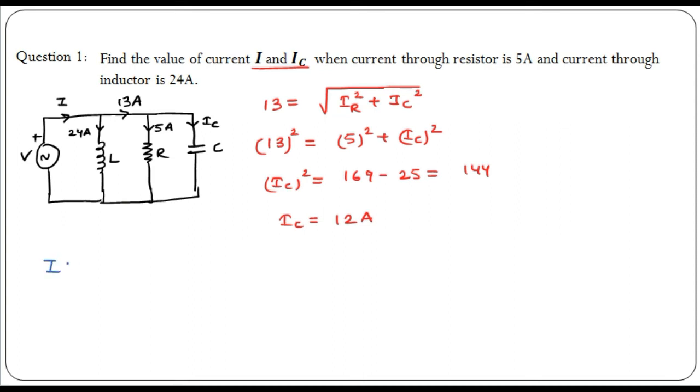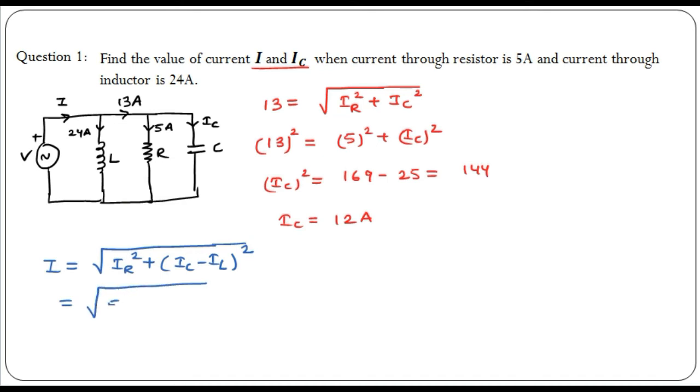So this total current I is a phasor summation, that is it is given by square root of IR square plus (IC minus IL) whole square. So the current flowing through the resistance is 5 square plus the current flowing through the capacitor, 12, minus the current flowing through the inductor, 24, whole square.